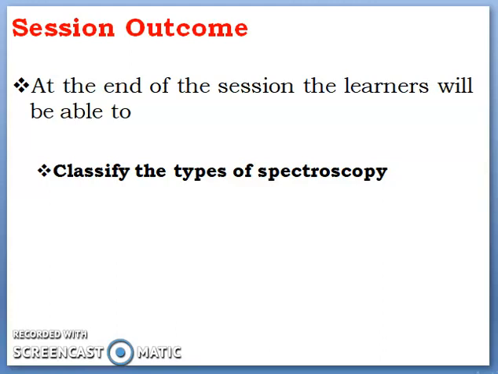Number 2, spectroscopy, which is a study of interaction of electromagnetic radiation with matter. During the interaction, the energy from the electromagnetic radiation is absorbed or emitted by the matter. Keep this in mind to understand module 2 in a better way.